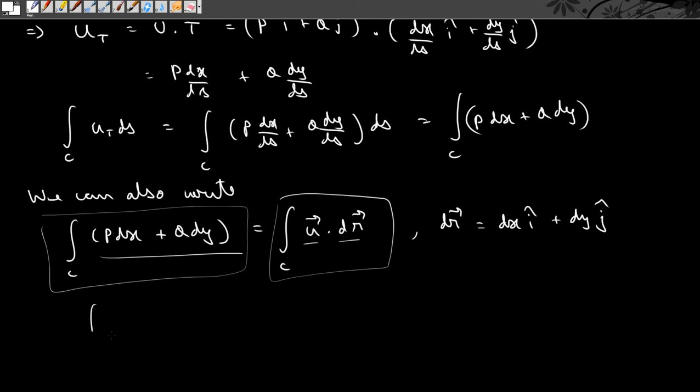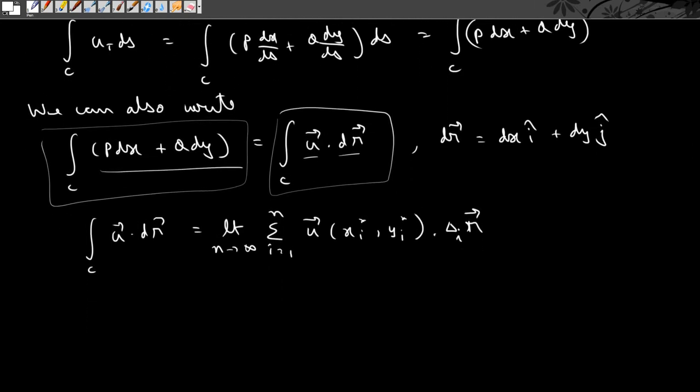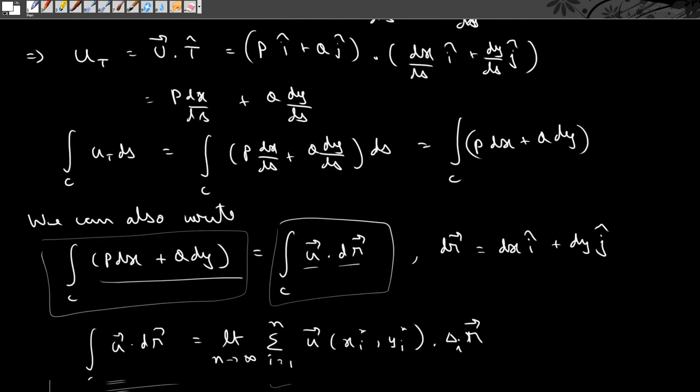So this implies that u dot dr is equal to, if I write it as a limit of summation, n tends to infinity, the summation over i equal to 1 to n of u vector at (xi star, yi star) dot delta ir, where xi star, yi star have the same meaning as what we have seen before.